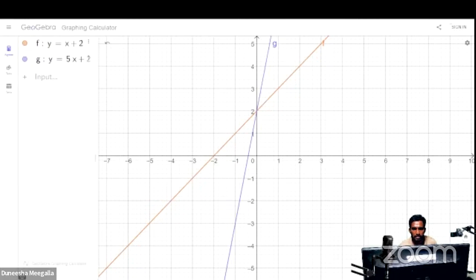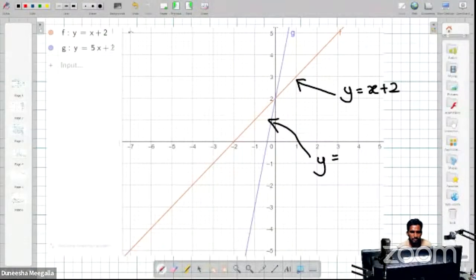What if the gradient is high? This is y equals x plus 2. Then what is this graph, y equals what? The blue color one is y equals 5x plus 2, right?